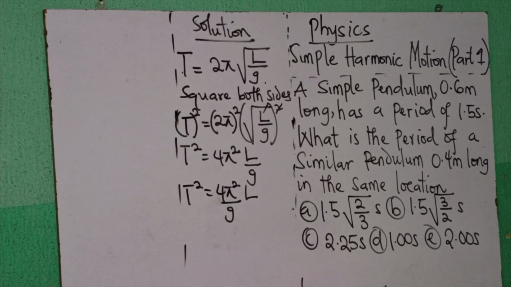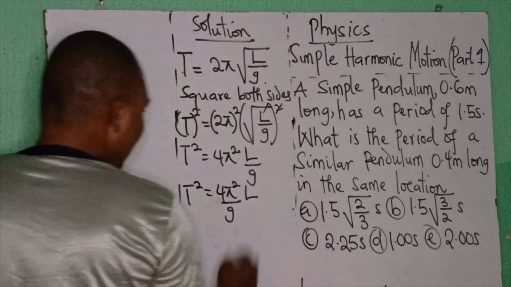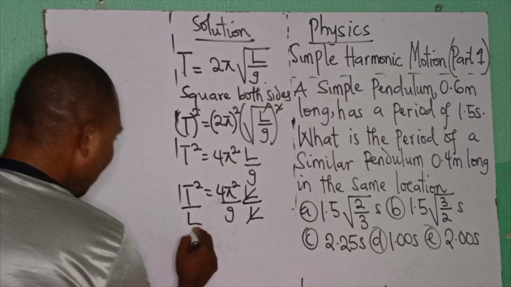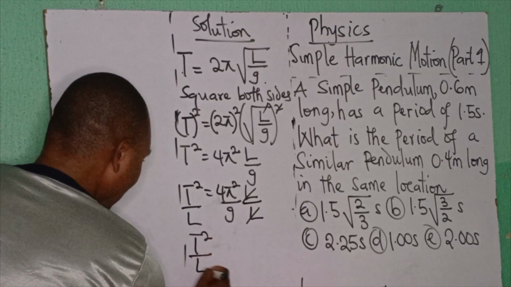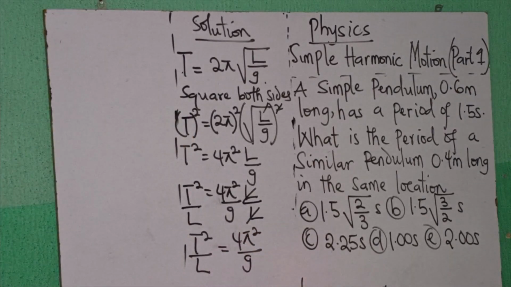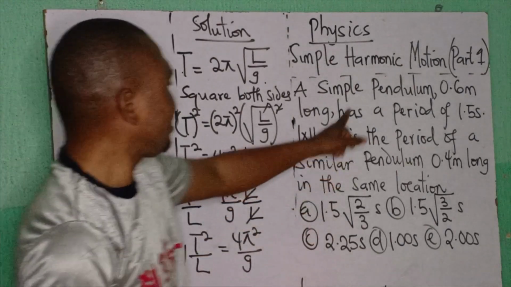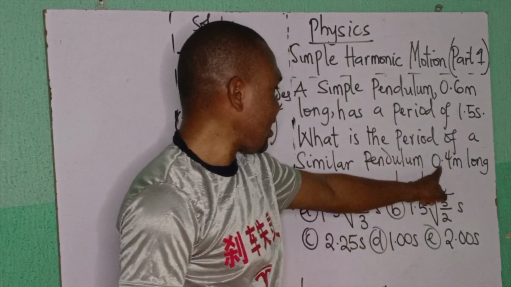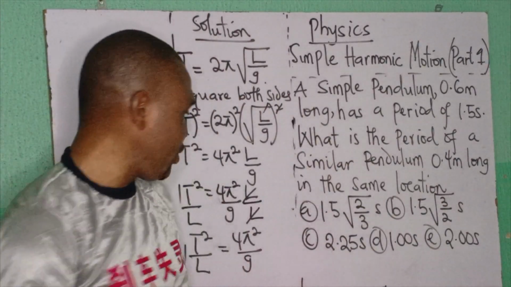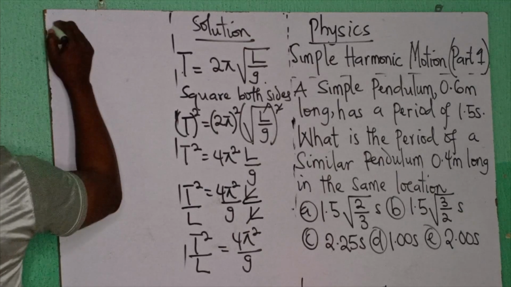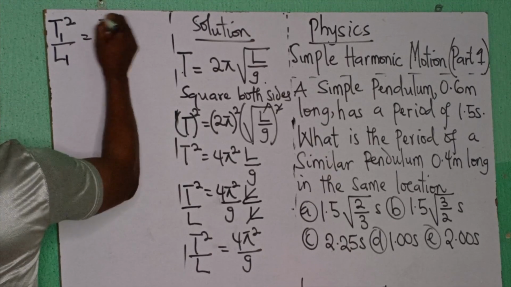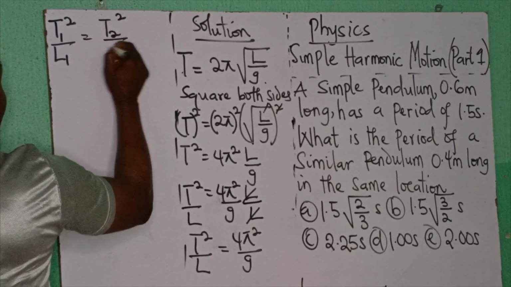So if I divide both sides by L, L cancels L. I'm having T squared over L equals 4 pi squared over G. Now remember that I'm having the first length, the second length, the first period, and then I'm asked to find the second period. So from here, I'll be having T1 squared over L1 equals T2 squared over L2.